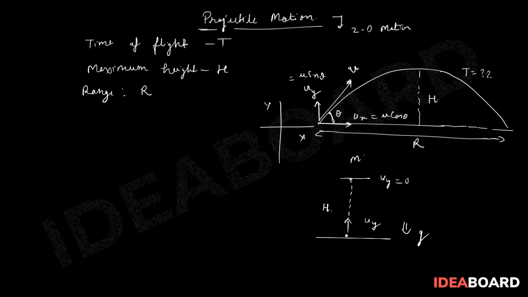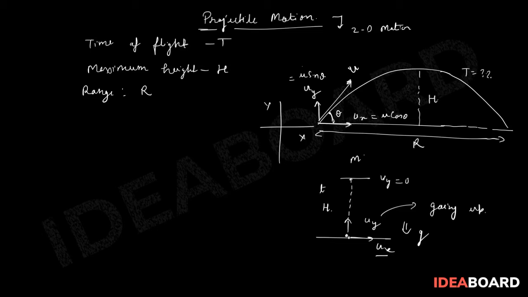To calculate the time of flight, the particle has two velocities, ux and uy. We do not need ux, because the velocity responsible for going up is uy, right? So time will depend on the vertical velocity, which is uy.